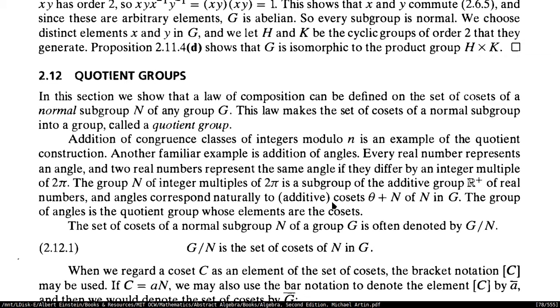So a bar means the coset aN, right, of the normal subgroup N. And then you can denote the set of cosets by G bar. So G bar denotes the set of cosets.